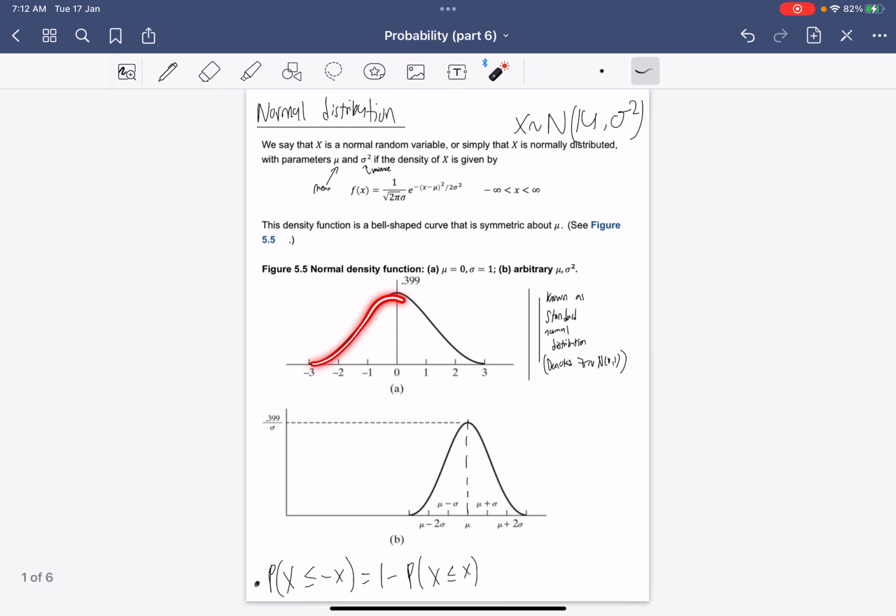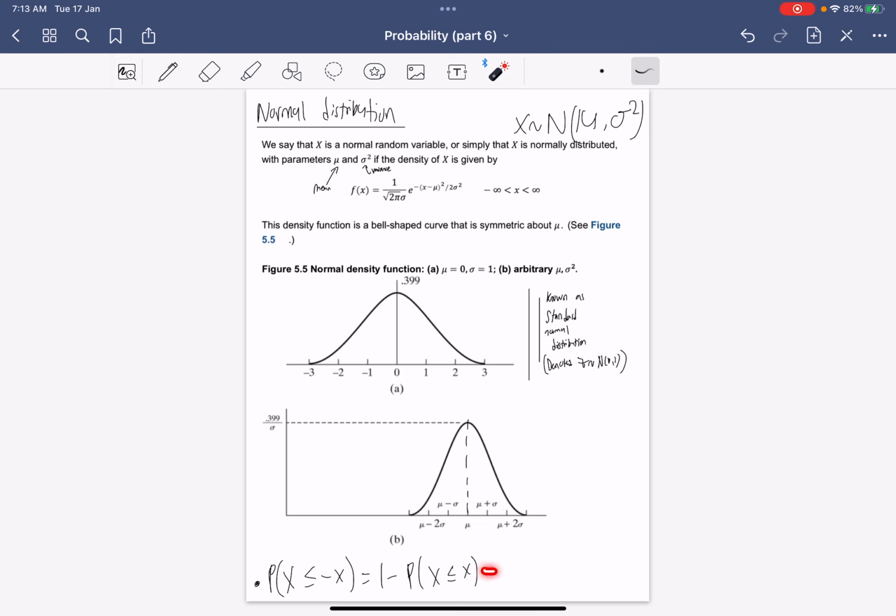You can see how the bell-shaped curve and symmetry allow you to say that the probability x is less than or equal to minus x, if you flip it over, is equal to 1 minus the probability that x is less than or equal to positive x.